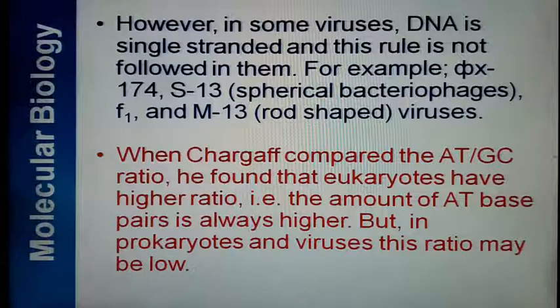Chargaff also compared the AT by GC ratio. He found that in eukaryotes, the AT by GC ratio is always more than 1. That is, the amount of AT is more than GC. But in prokaryotes, the ratio may be less than 1 as well as more than 1.